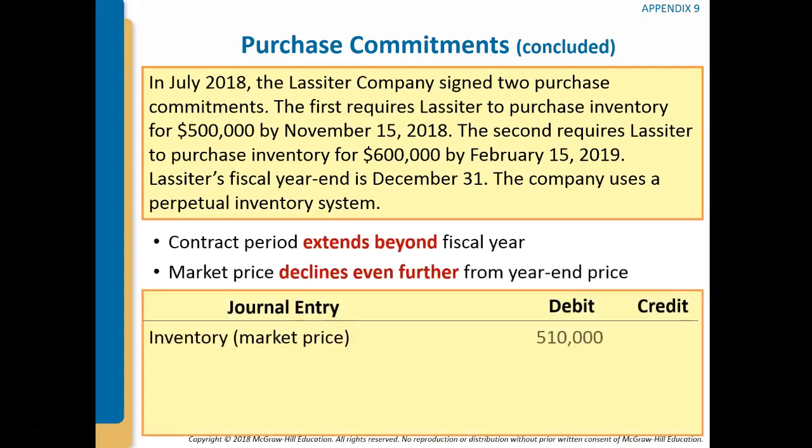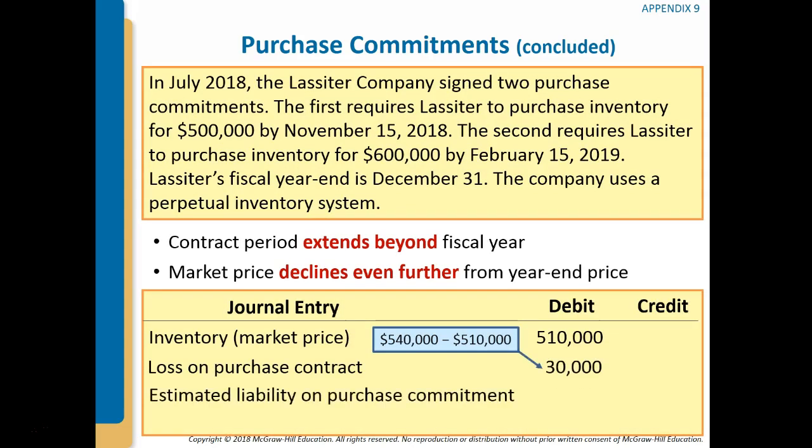Now, if the market price declines even further from year-end levels, an additional loss is recognized. So if the market price of the inventory covered by the commitment declines to $510,000, the entry shown here gets recorded.